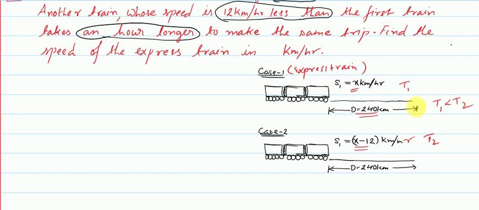The reason is the express train is moving with comparatively greater speed. Yes or no? So this t1 will be less, and this t2 will be more. But how much more is given?